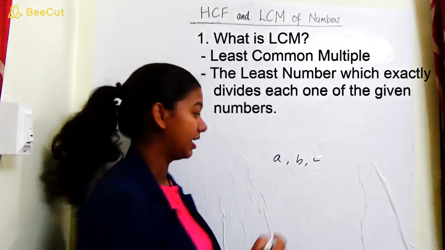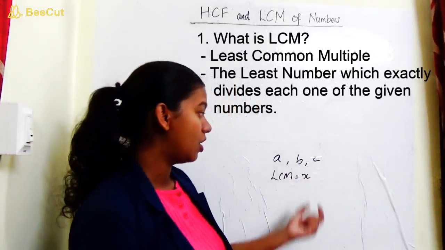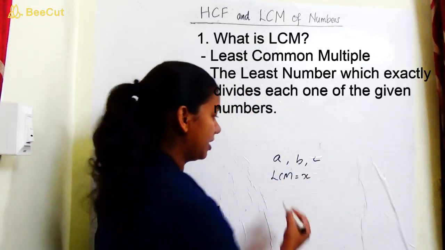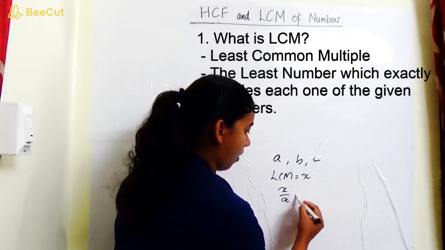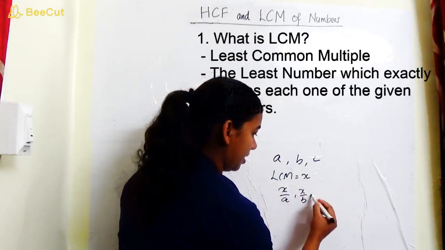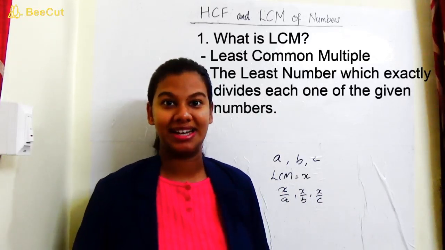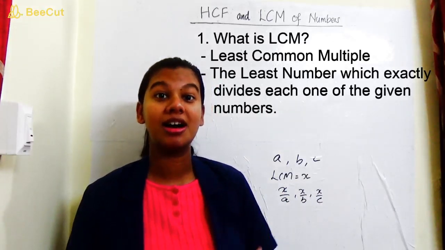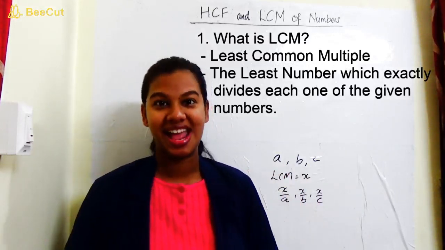So, suppose the LCM equals X. So what's the specialty of LCM is, if you divide X by A or X by B or X by C, it will be completely divided. That is, you will get a natural number. Okay, so that's the definition of LCM.